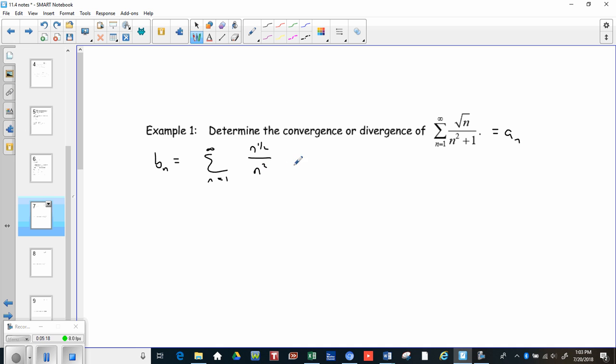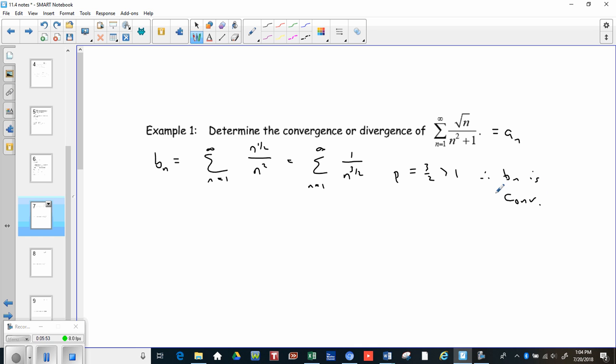We subtract the exponents, and what we get is the sum of 1 over n to the 3/2. And we know this series is a p-series. P is 3/2, which is greater than 1, and therefore we know b sub n is convergent.